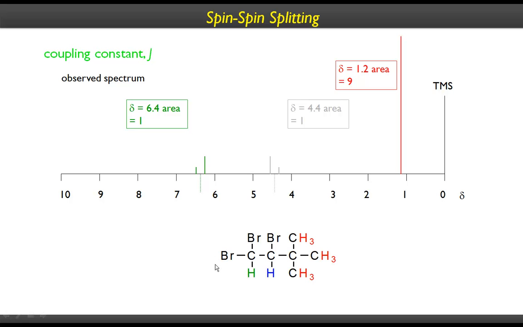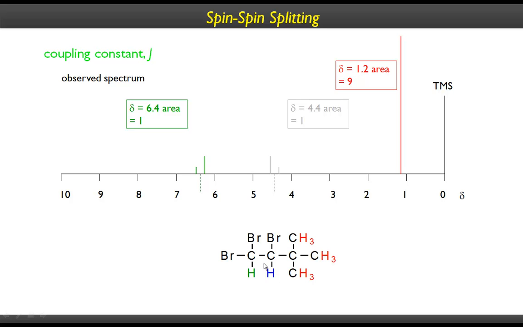But the effect of this external magnetic field on this particular magnet is influenced by this magnet in turn, right? So depending upon how the orientation of this blue magnet compares to the external magnetic field, this hydrogen would experience either more or less than what it would otherwise experience if this blue hydrogen were not there.